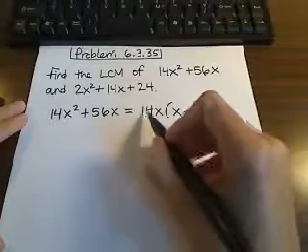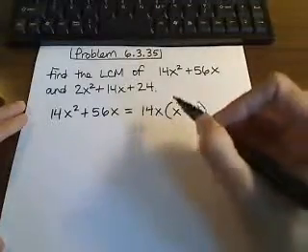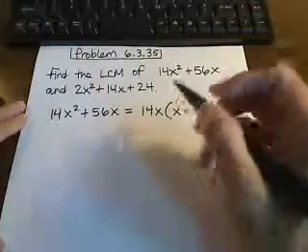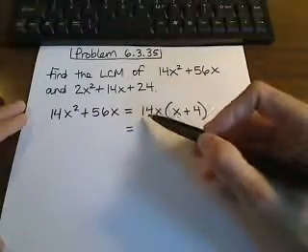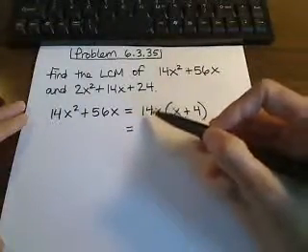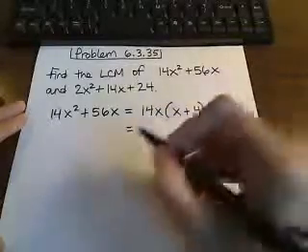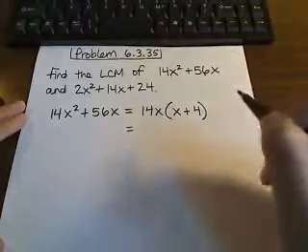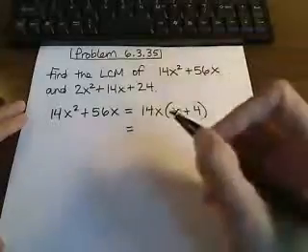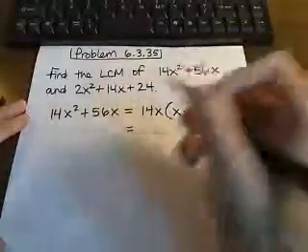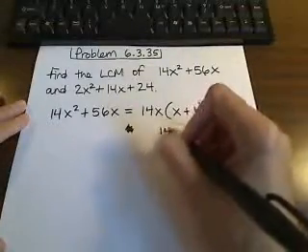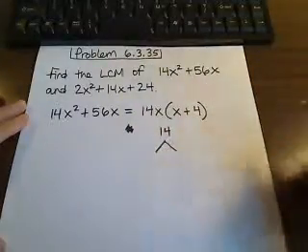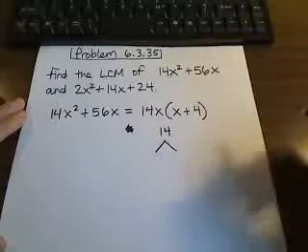Okay, now the 14 actually isn't in its factored form yet, so we want to write it in its prime factored form. We can use a tree diagram to determine the prime factored form of 14.